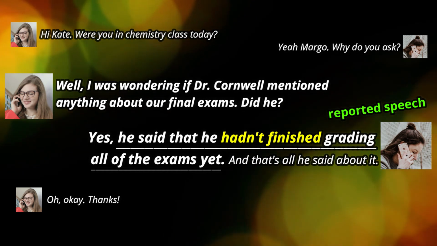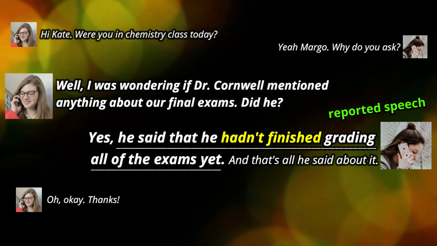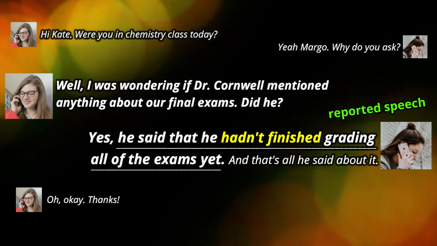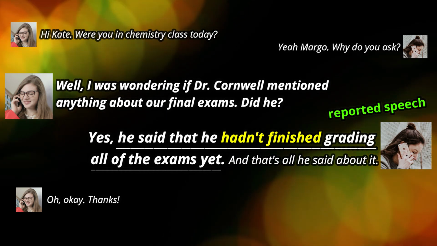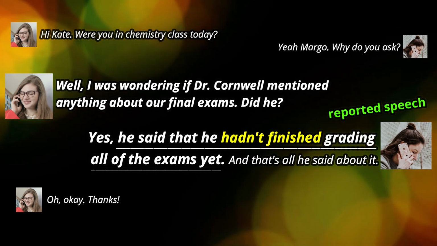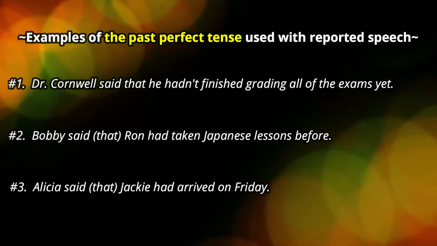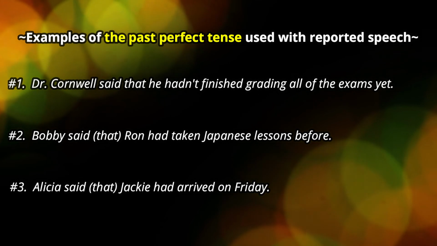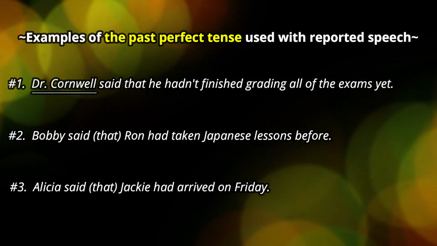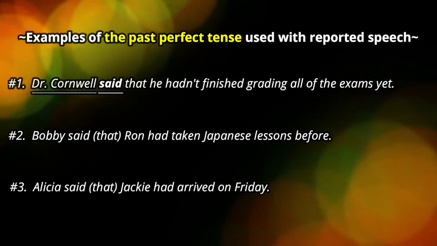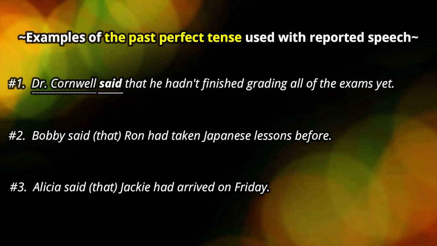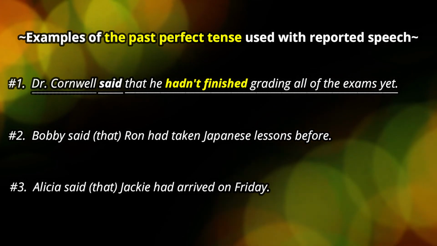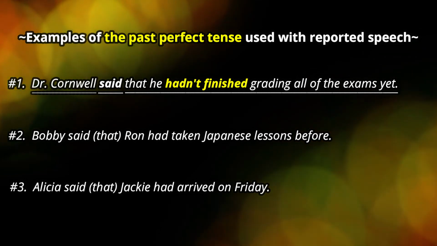Now, I haven't done reported speech yet in any videos, and I intend to do that very, very soon. Just take a look at the examples, and you can see where the past perfect is used. And more importantly, take a look at the structure. You can see in the first part, it's always like in number one, Dr. Cornwell said, okay? You get that first part, and then we have that he hadn't finished grading all of the exams yet.